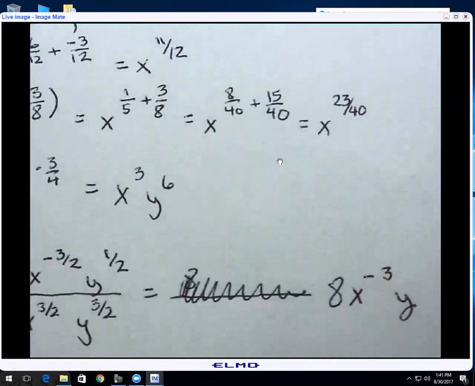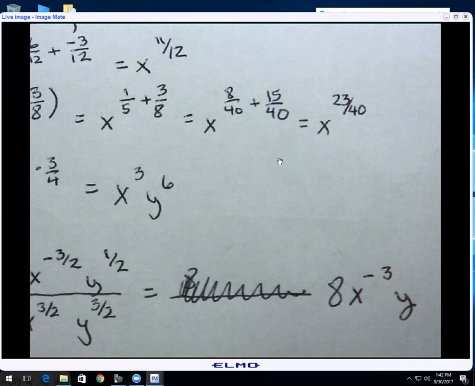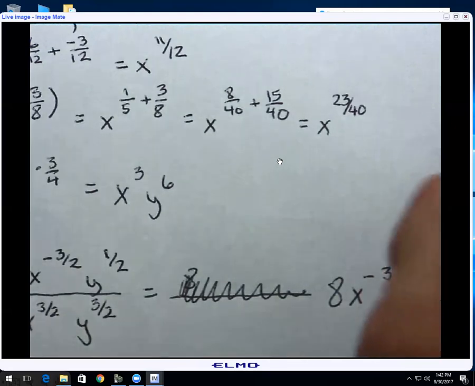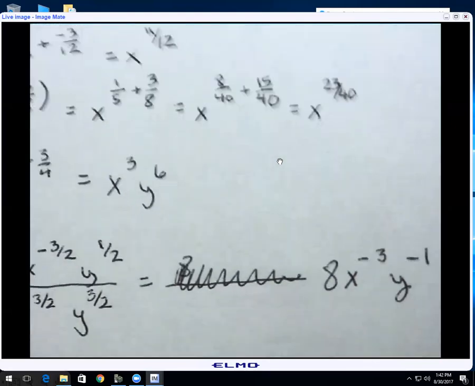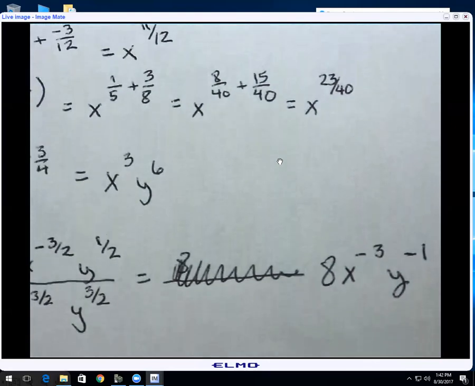Y to the, what am I punching on the calculator? 1/2 minus 3/2. 1/2 minus 3/2 is negative 2/2, better known as negative 1. If you leave that as an answer on the test, you're going to get marked wrong, because the negatives are still on top.